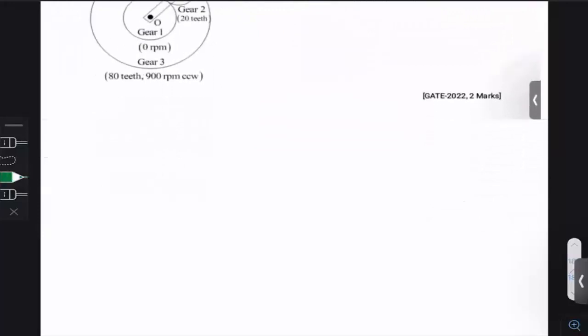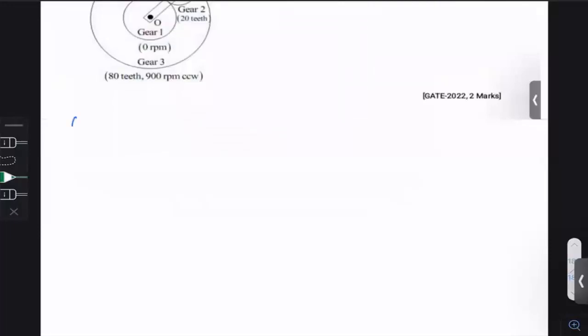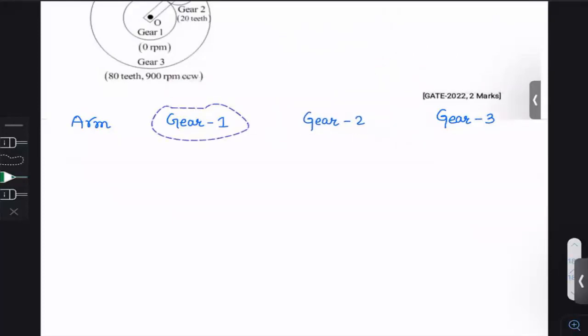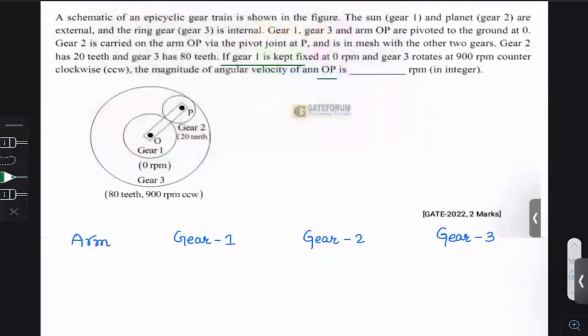We know very well what we are going to do. We have these results: arm, gear 1, gear 2, gear 3. Okay, so now see, everyone, what we can do.